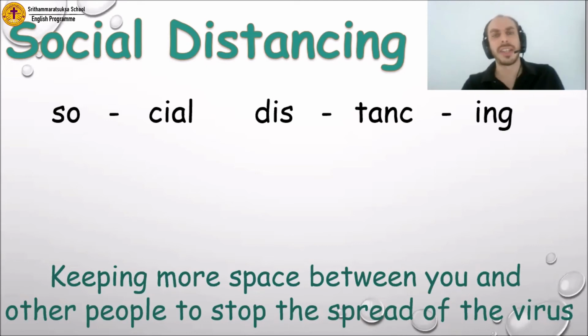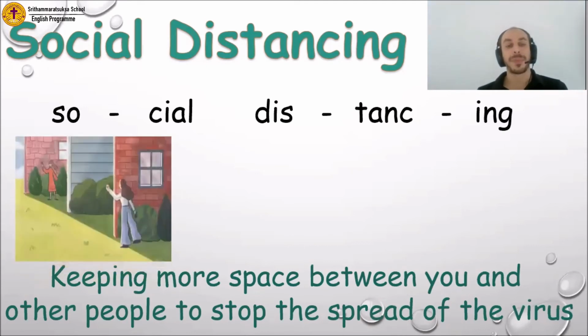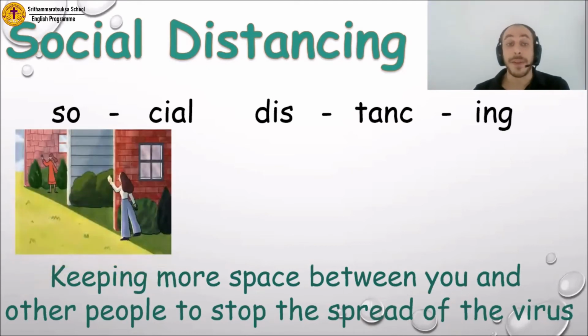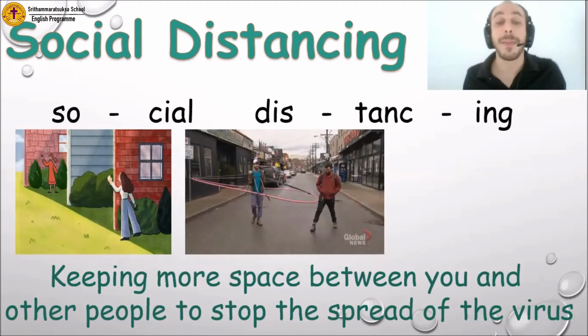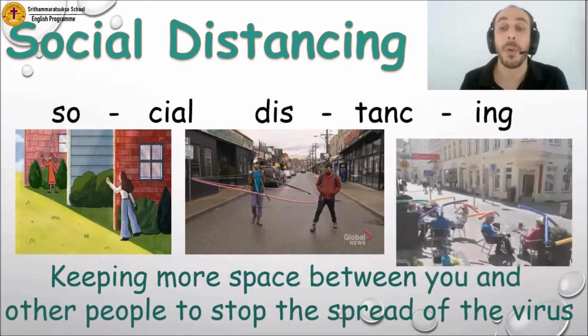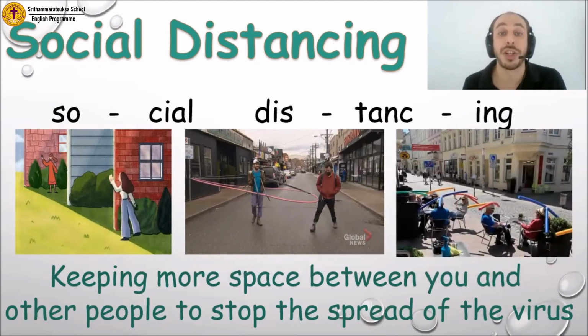Okay, what does social distancing look like though? Okay, just being far away. Don't get too close. Okay, you might have seen some funny pictures of people wearing things that don't let people get too close, or people wearing hats to measure the distance, okay, that you can't get too close.